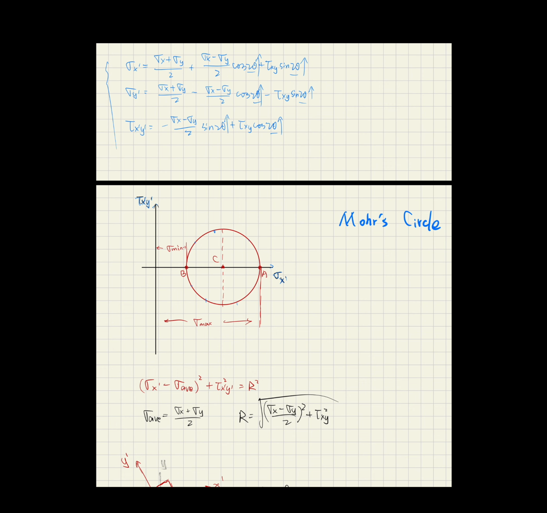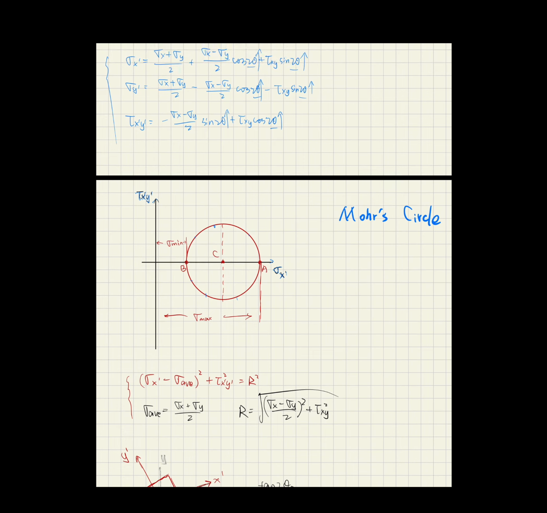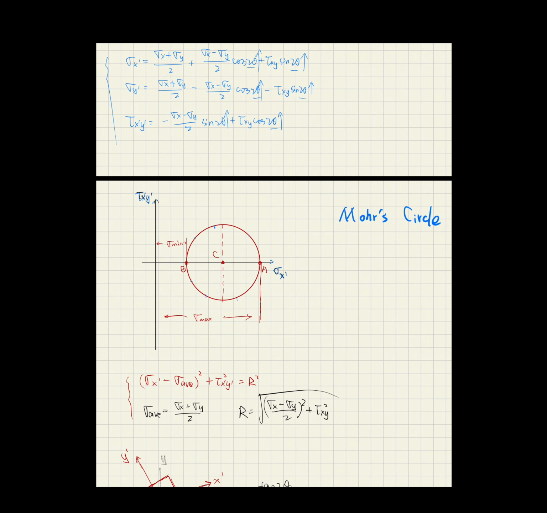Now, on this Mohr circle, we have something to remember. These three equations are very important if we're solving problems related to stresses. This equation is simply the equation of the circle.